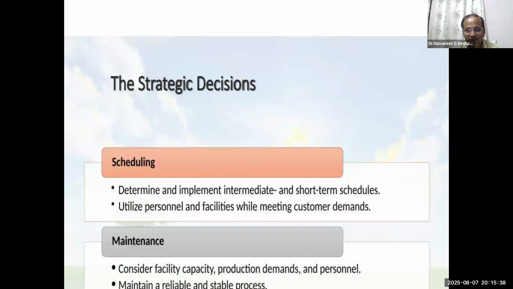Each and everything has to be scheduled, and it has to be coordinated along with the main person who is managing. So utilize the personnel and facilities while meeting the customer demands. Every now and then the customer keeps on asking for more and more, but we have limitations. We cannot assure everything, because there are hurdles and restrictions, and there are some constraints based upon certain regulations.